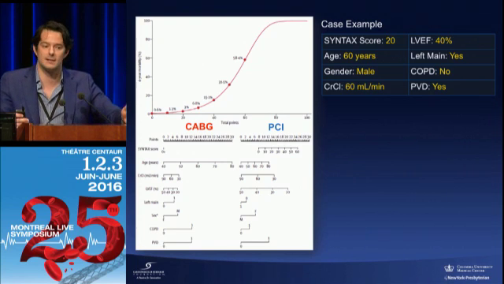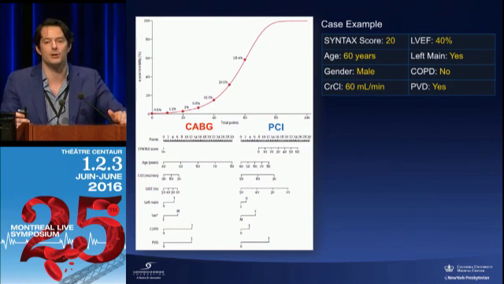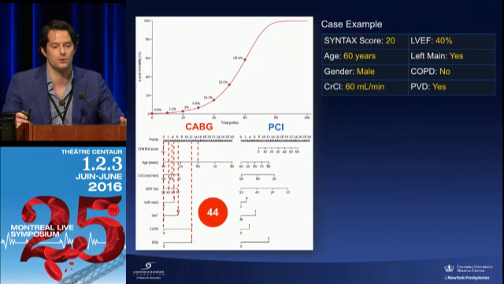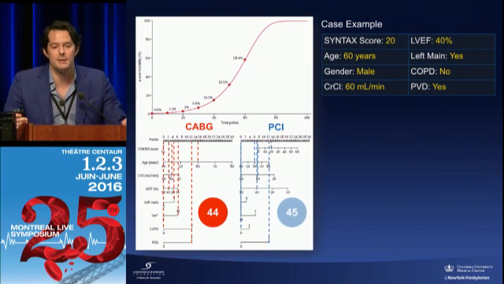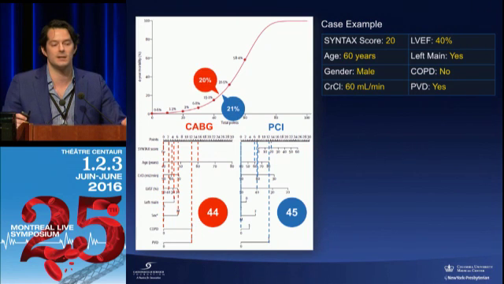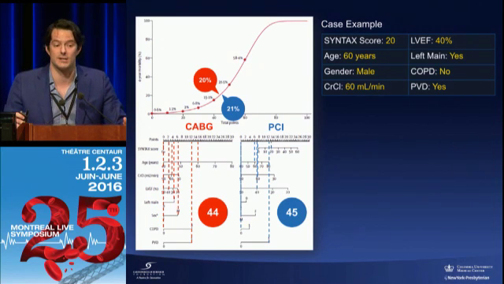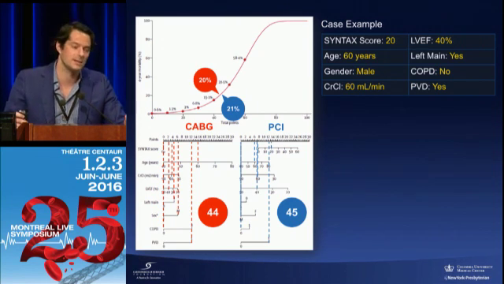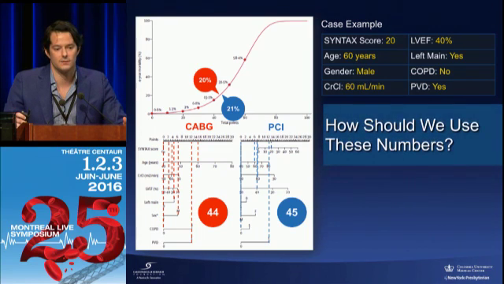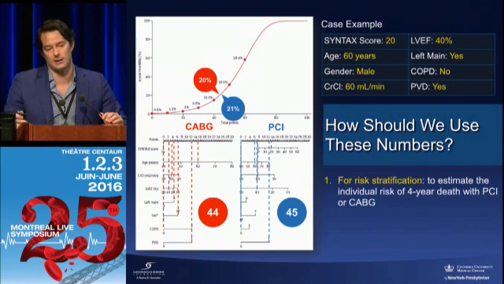We compute the baseline syntax score, and then we compute the CABG SYNTAX score 2, and we have a number. We compute the PCI SYNTAX score 2, and we have a number. And then we see what is the associated 4-year mortality. I think this will come in a website very soon, and I think that will help. But once again, we can discuss the pitfalls later on in the discussion.